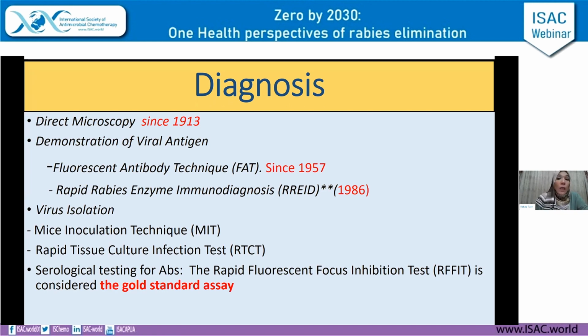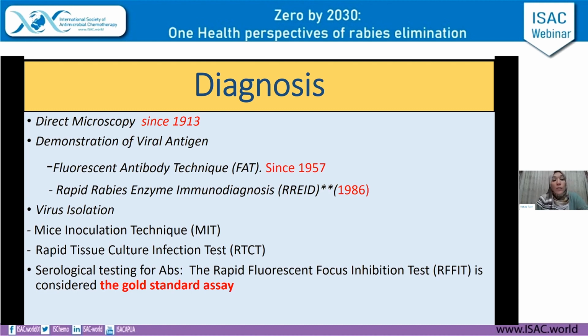Lab diagnosis has stages: historical, direct microscopy, where Negri bodies have no role now in the modern lab diagnostic methods. Demonstration of viral antigen by fluorescent antibody techniques has been present since the 1950s, but still requires a lab equipped with fluorescent microscopy.